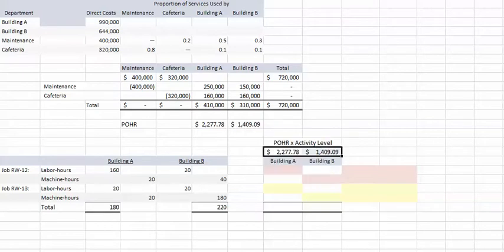Next, we're going to pick up those two predetermined overhead rates down here on our bottom section.